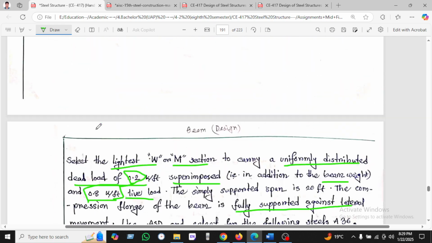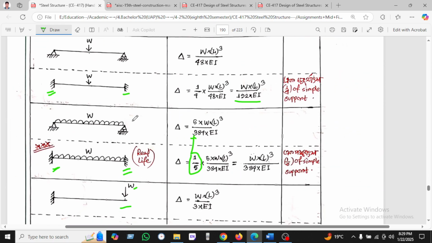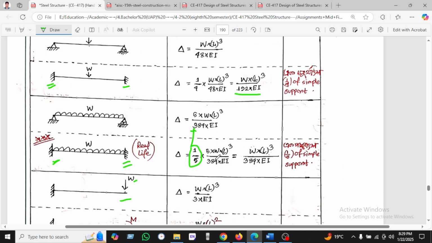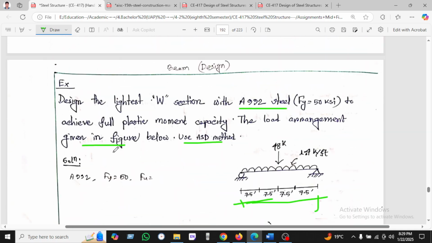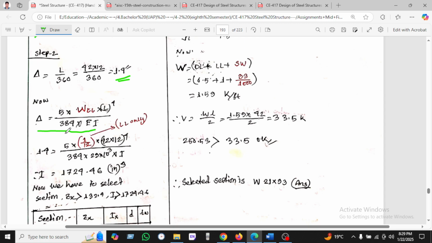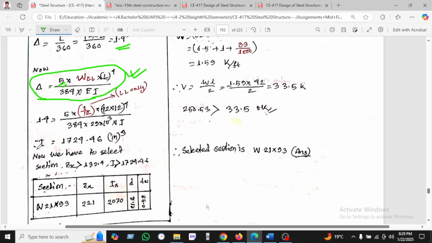We have taken this formula from here, putting in all these values for the simple support, multiplying with 5, and found this is the limitation. The code value we have taken from the code, and found I equal to 1724.